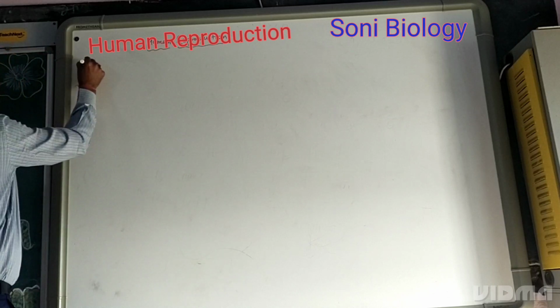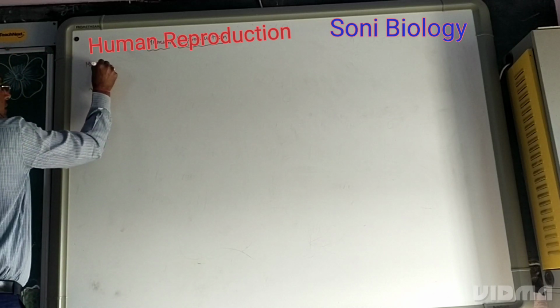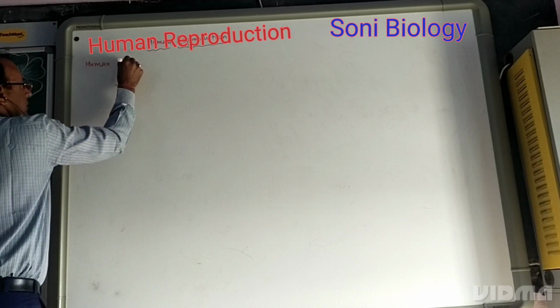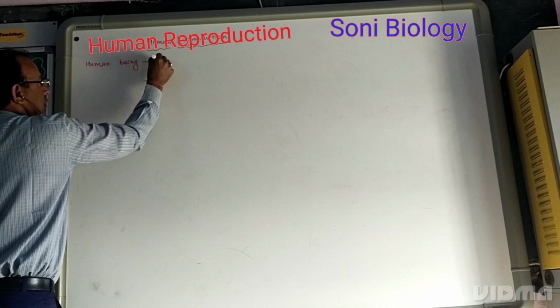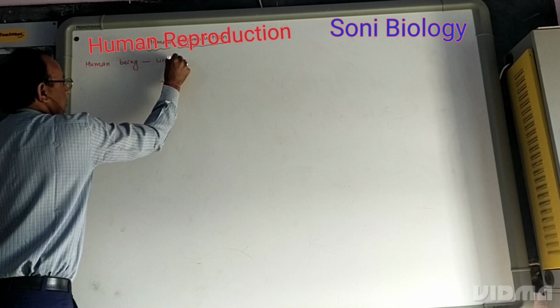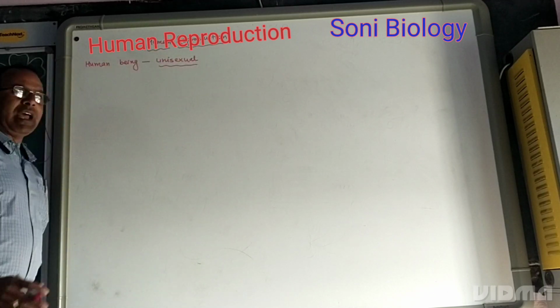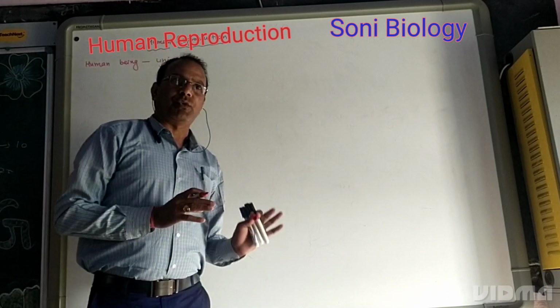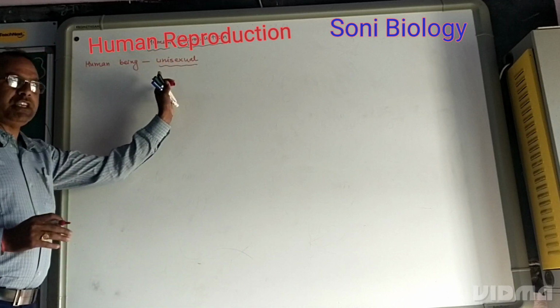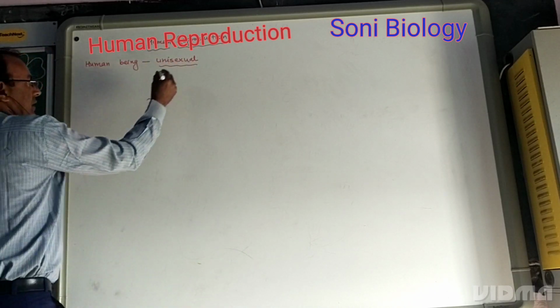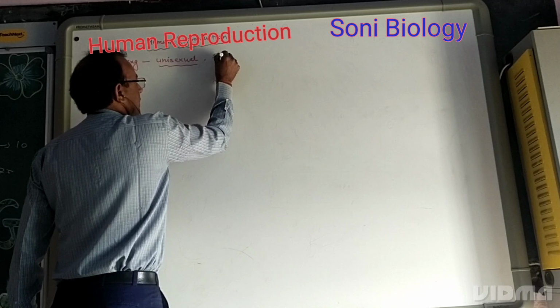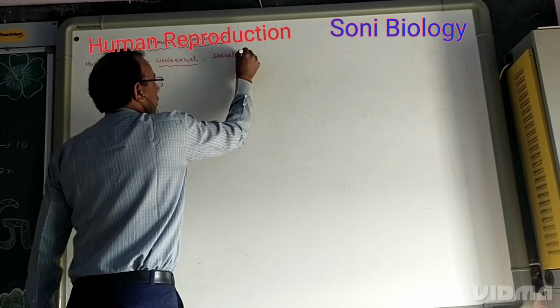First of all, human being is a unisexual organism. It means male and female each have only a single sex organ. So human being is unisexual as well as showing sexual dimorphism.